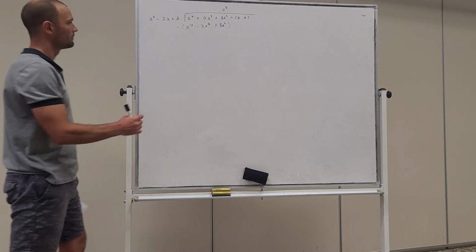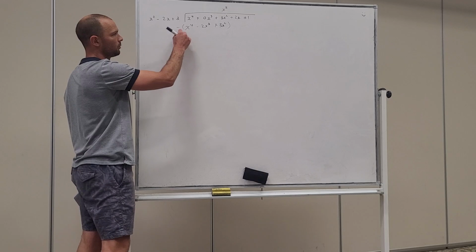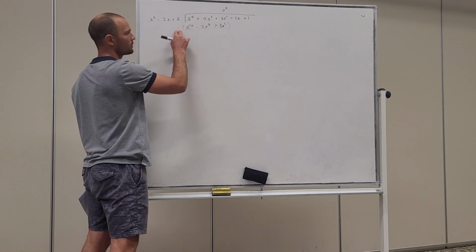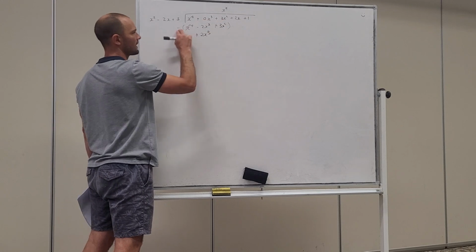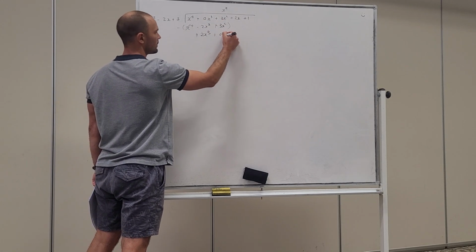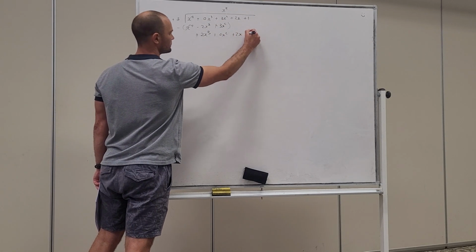Okay, so then we'll subtract it away. x to the 4 take x to the 4, we'll cancel. 0 take minus 2 is positive 2. 3 take 3 is 0. And we'll bring these terms down.